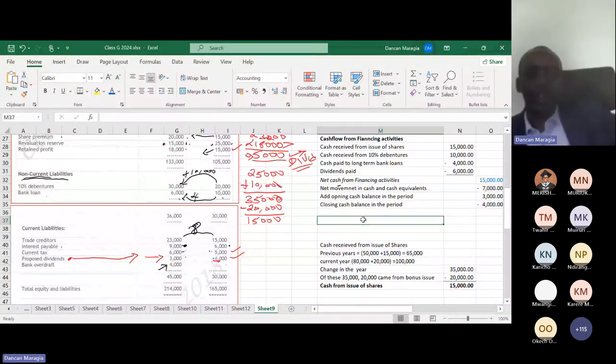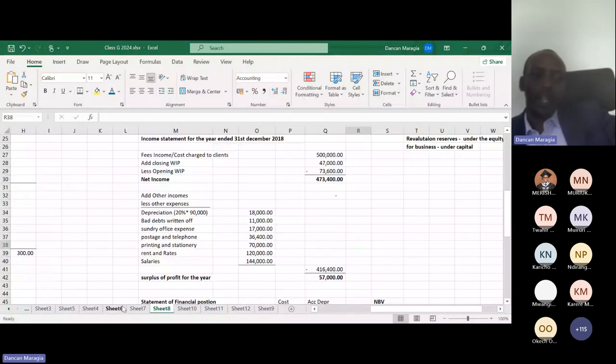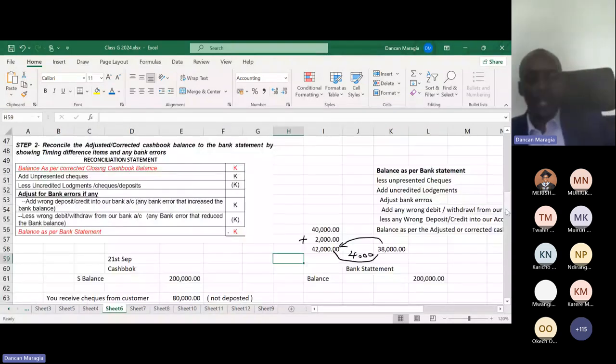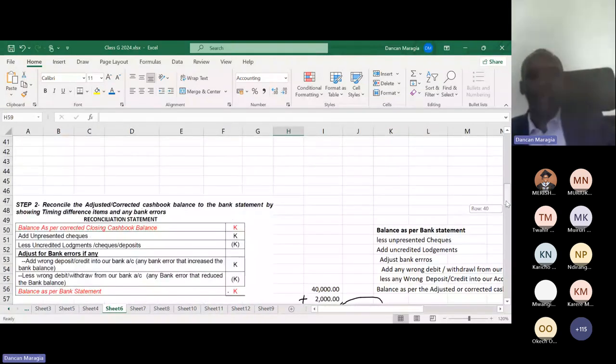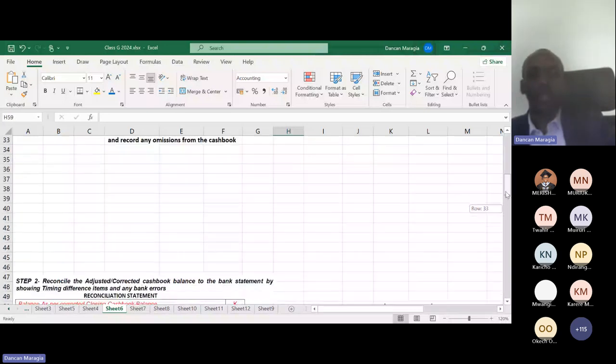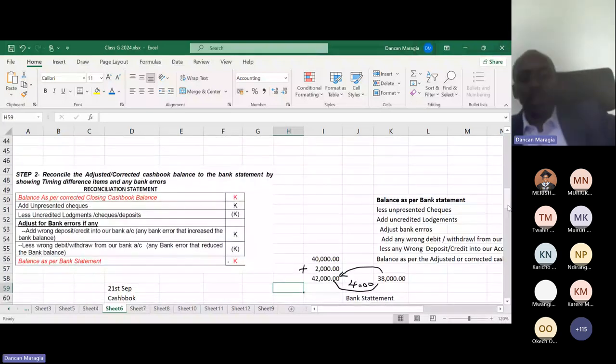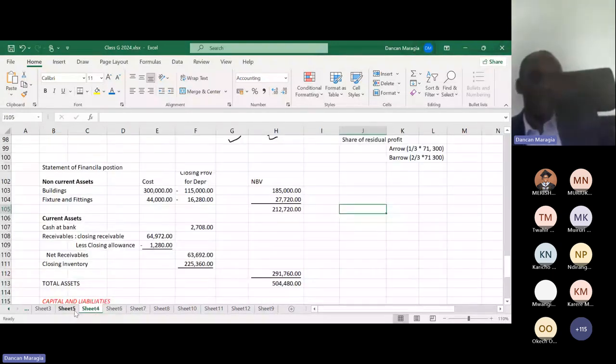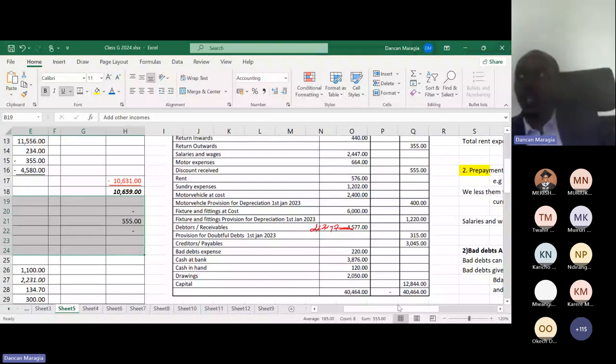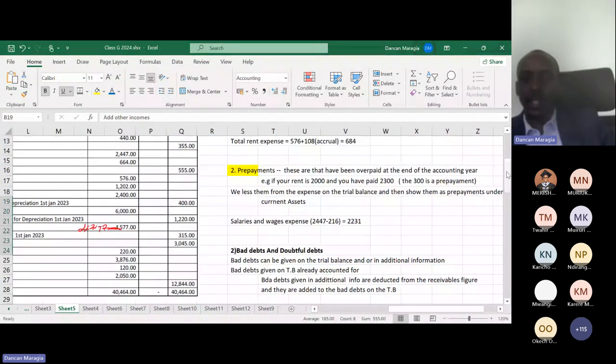Now, the only time you can be given rates for depreciation is when you're told that the depreciation for the year is based on the opening net book value, then you just take the percentage times the opening net book value or the cost, the same way we do when we are preparing financial statements and doing depreciation expense.